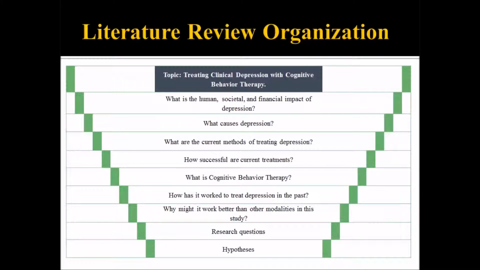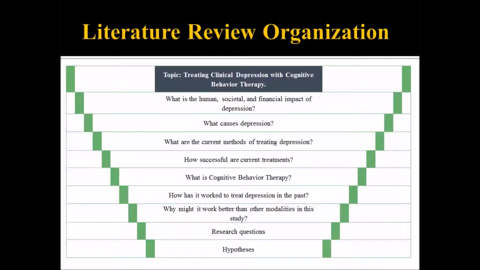This would talk about why it's important that we address depression. Depression is a serious or potentially serious mental health disorder, depending on the severity, and it has a tremendous human, societal, and financial impact. These are good reasons to study it, and good reasons to develop treatments that can successfully treat depression.